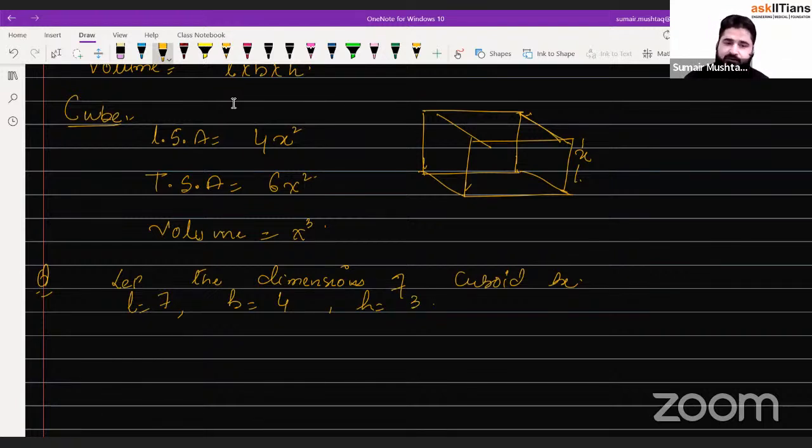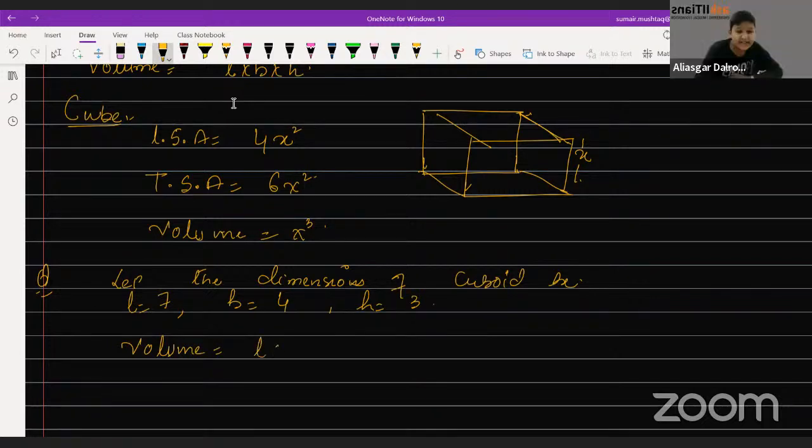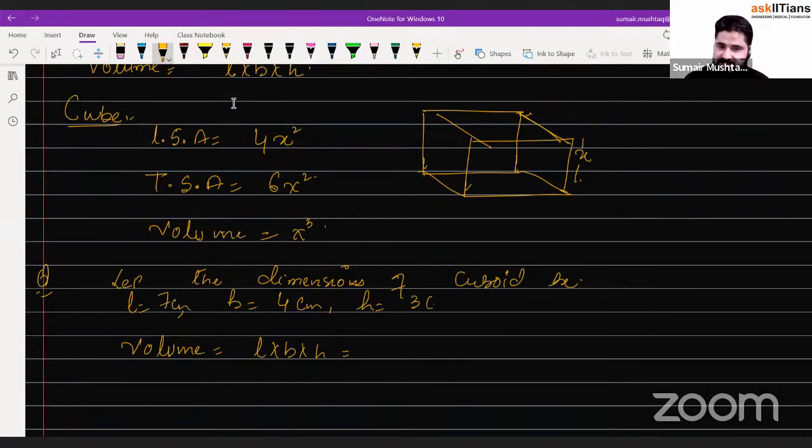Can you tell me what will be its volume? Very easy, because you know volume is length times breadth times height. Let's take the unit as centimeter. That is 7 cross 4 cross 3, which is equal to 84 centimeter cube.